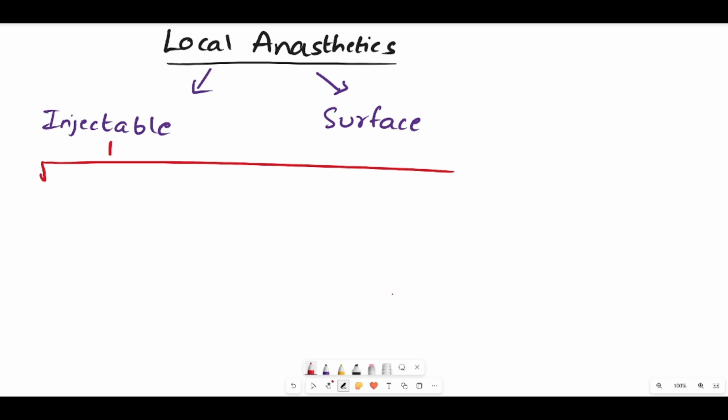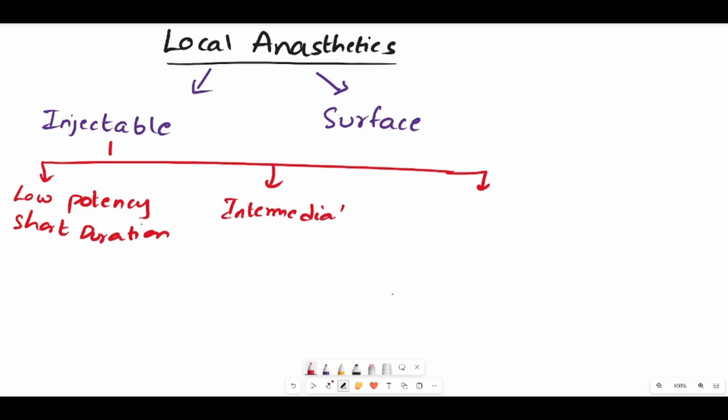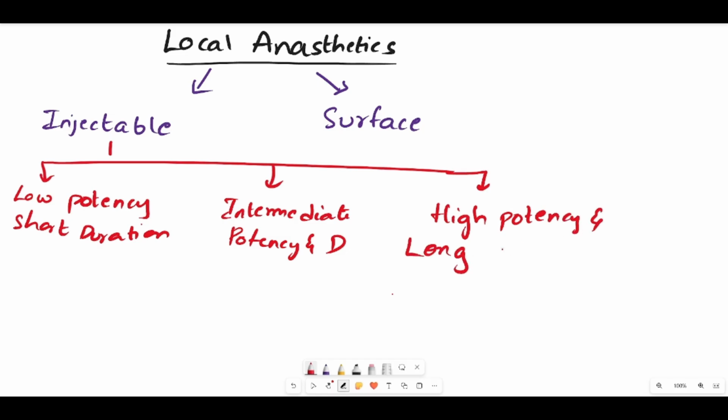The injectable class is further divided into three classes. One is low potency and shorter duration, and also intermediate potency and duration, and the last class is high potency and long duration.